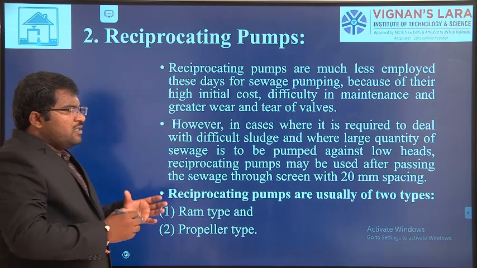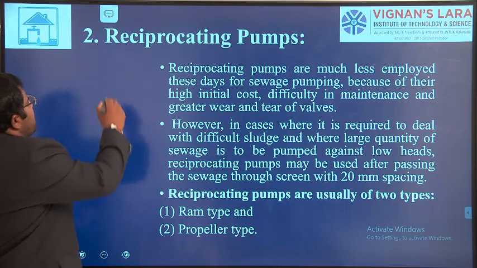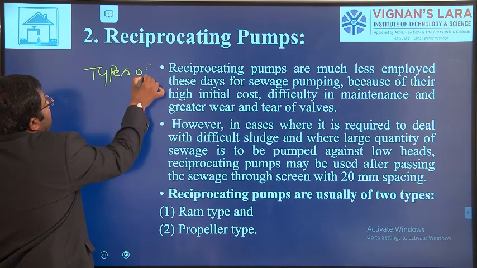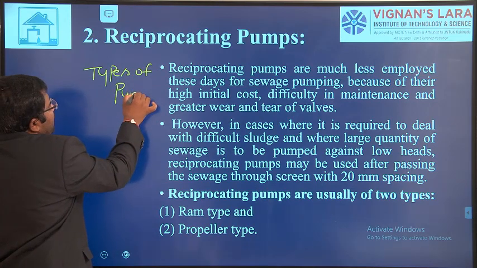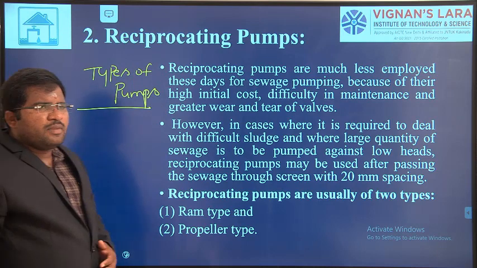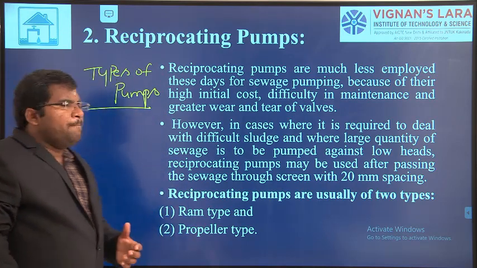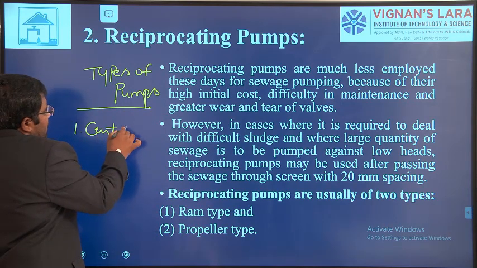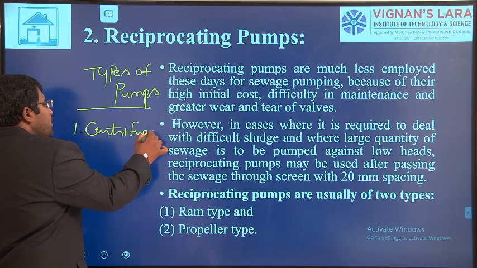Now, next we discuss the different types of pumps used for this sewage pumping. In the last class we discussed the centrifugal pump.